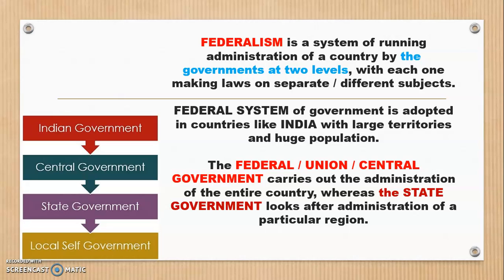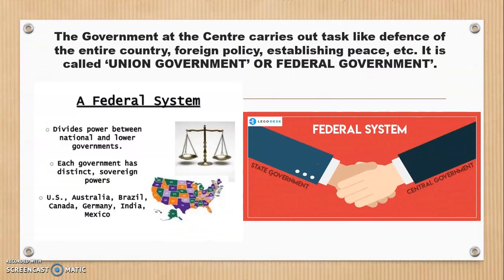It is a huge area, and all the people cannot be part of it. People cannot participate in all the affairs of the government, and therefore the government has to function at two levels. Now, what are these two levels and how do they function? Let us see. The government at the center carries out tasks like defense of the entire country, foreign policies, establishing peace, and so on.